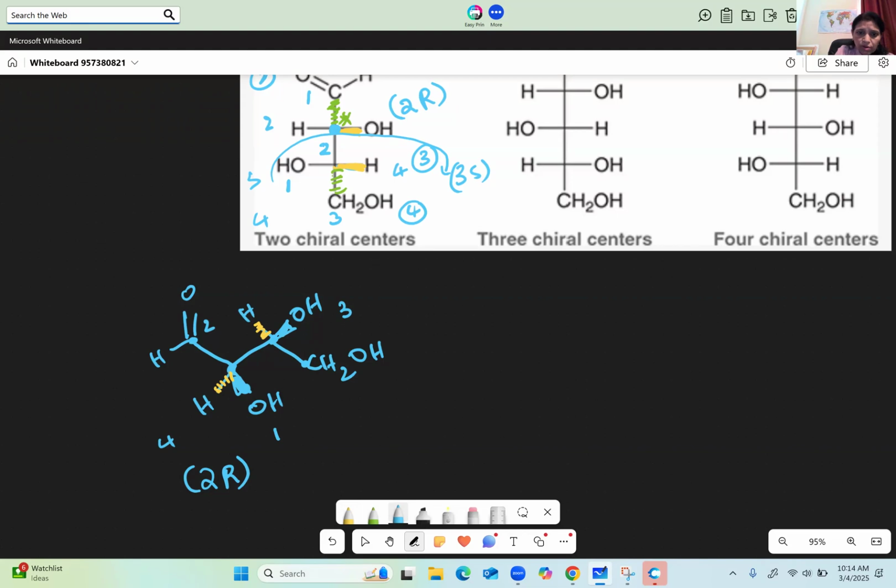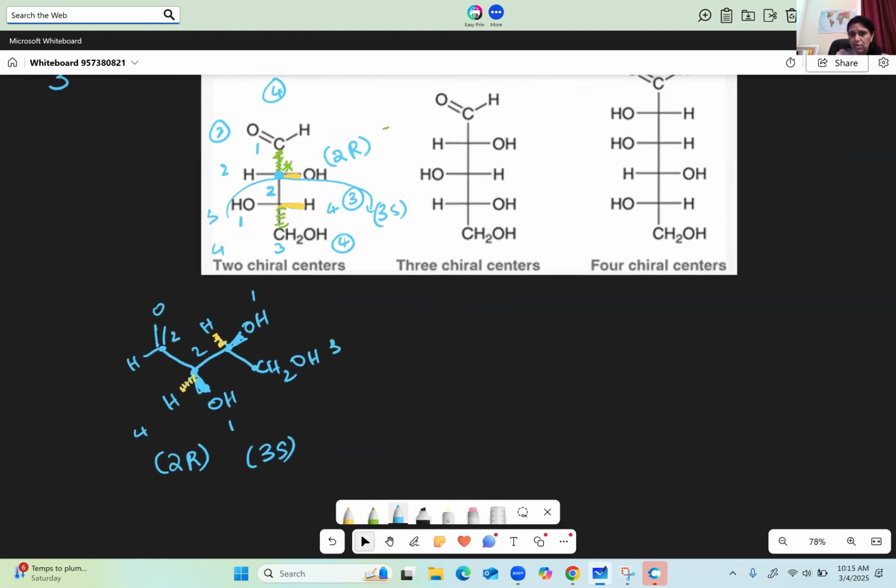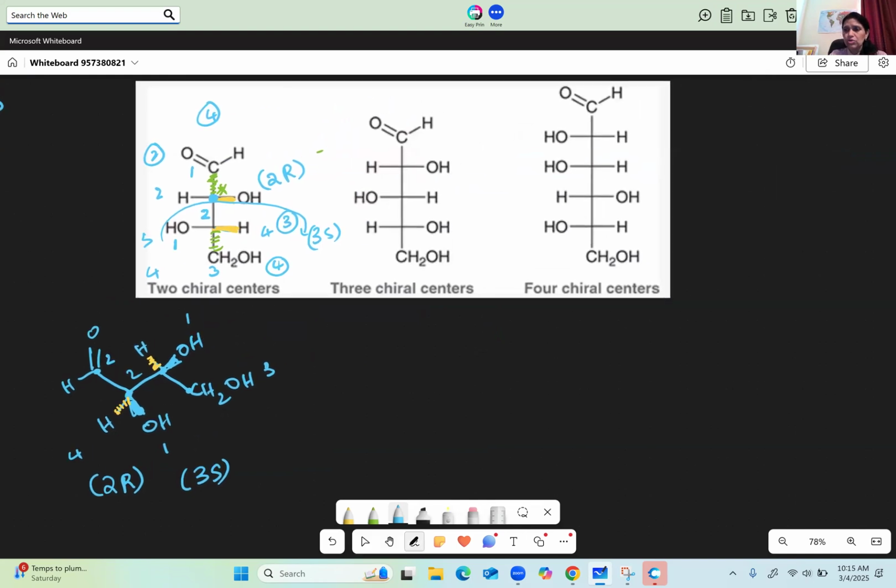So now here, if I assign the priorities 1, 2, 3, 4, it is going in this direction, which is an S. So 2R, 3S. That is correct. So it is not difficult or anything, but when the number of chiral centers in a molecule increases, it gets a little tricky and also time consuming.